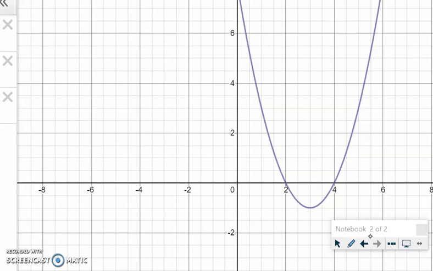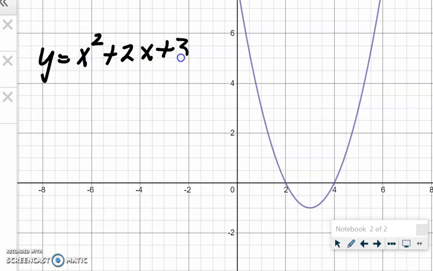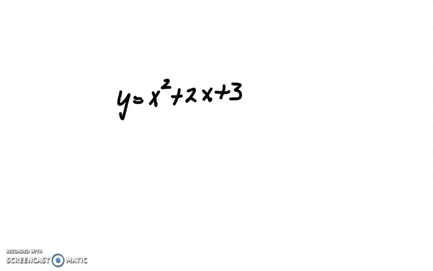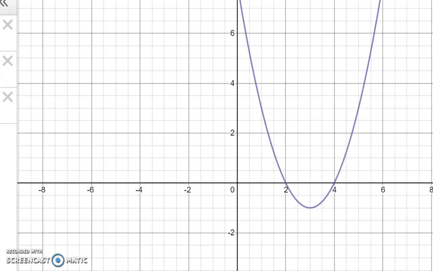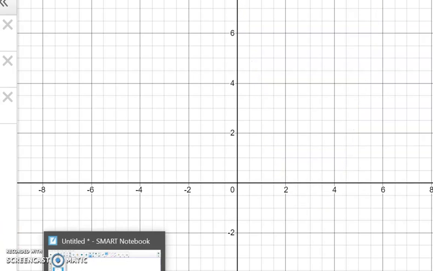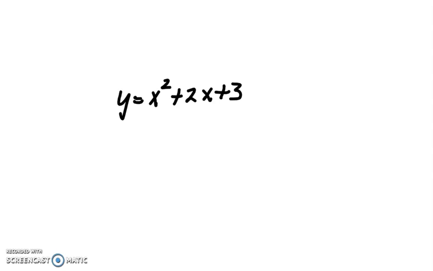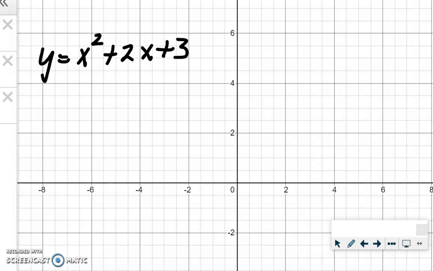So if I take, for example, the graph y equals x squared plus 2x plus 3, that's what I have over here. And now I find the discriminant of it. Okay.